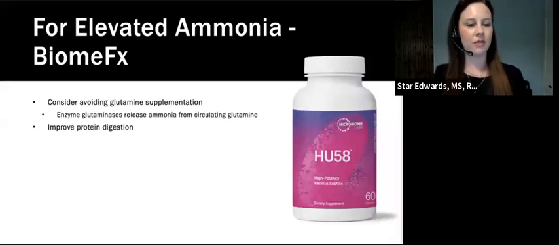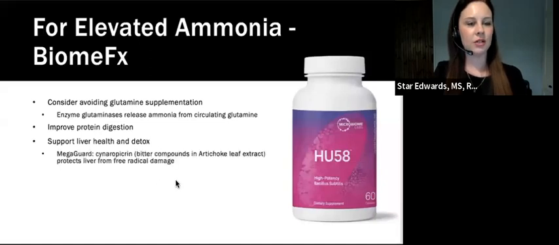We need to make sure that we have enough stomach acid, we've got good enzymes being produced, and all those processes need to be working correctly so that we don't have too much undigested protein ending up in the colon. And at that point, it's basically a buffet for these bacteria to consume protein and produce too much ammonia and other metabolites. So work on digestion, support liver health and detox.